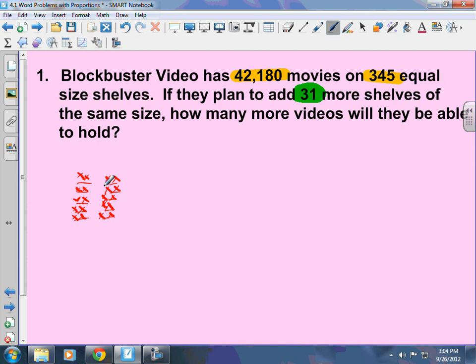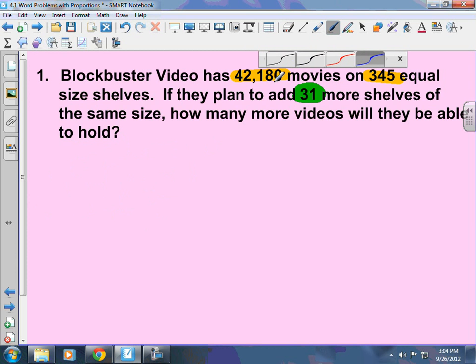If I want to add 5 more shelves, 3, 4, 5, and I have 2 movies on each shelf, well then I can add 2, 4, 6, 8, 10. I can add 10 more movies. This is what we want to find out. But because there's so many movies and so many shelves, I can't just write it out. So how am I going to do it?